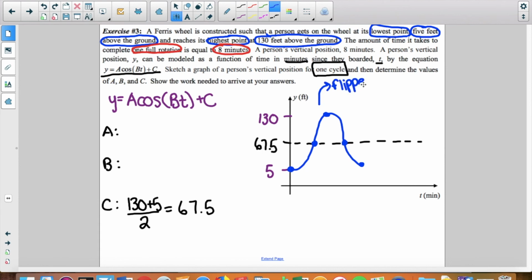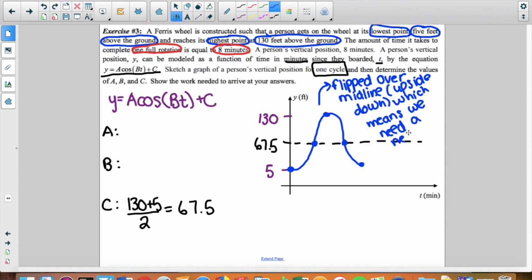It's flipped over midline or upside down, which means we need a negative in front of A.